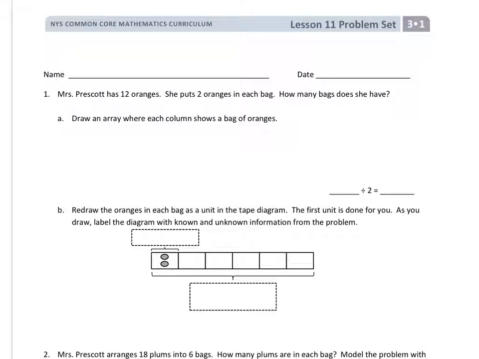So I'm going to kind of go backwards to the way I normally would draw my arrays, because instead of my groups being my rows like they normally are, my groups are actually going to be my columns. So I have 2 oranges in my first bag. 4, 6, 8, 10, 12.